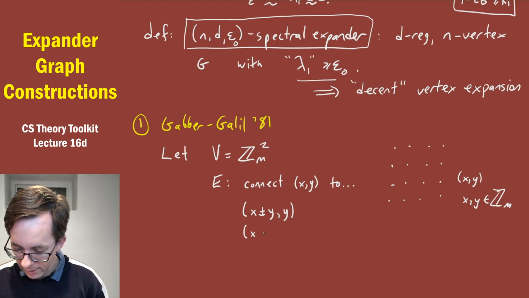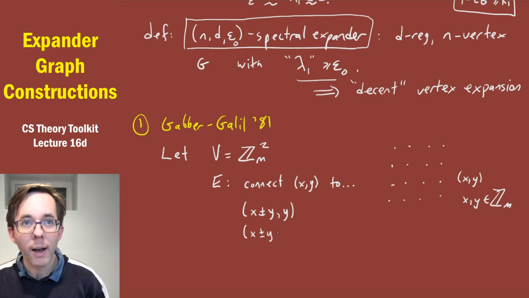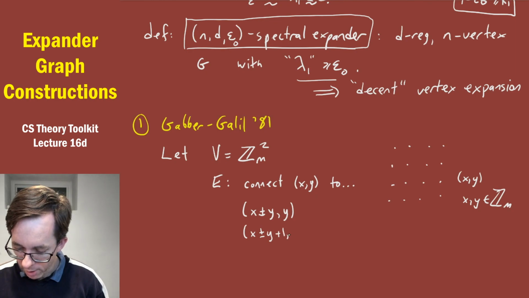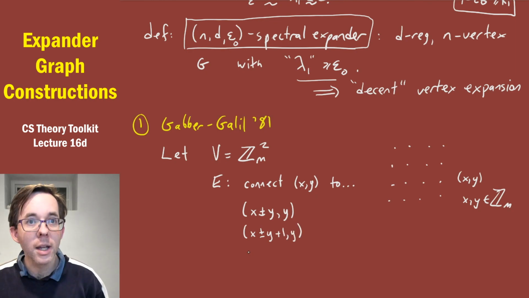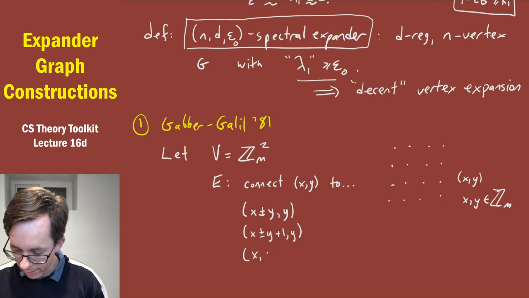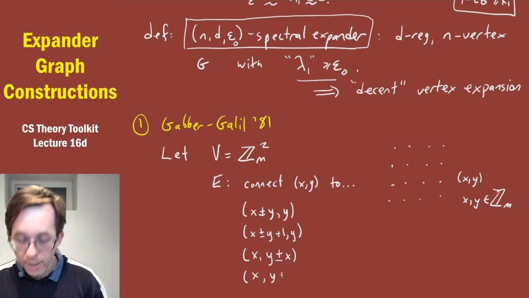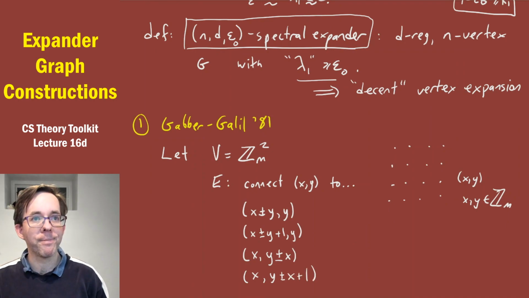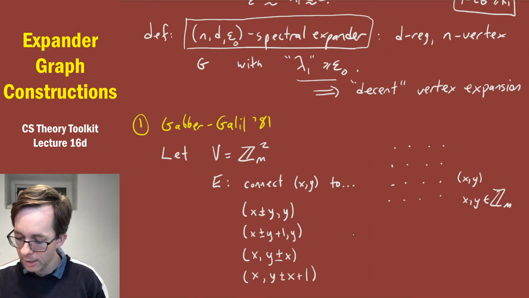And you also do (x + y + 1, y) and (x - y - 1, y), those are the third and fourth neighbors. And then you do a symmetric thing: you connect it to (x, y + x) and (x, y - x), the fifth and sixth neighbors, and (x, y + x + 1) and (x, y - x - 1). And that's it. So d equals 8.